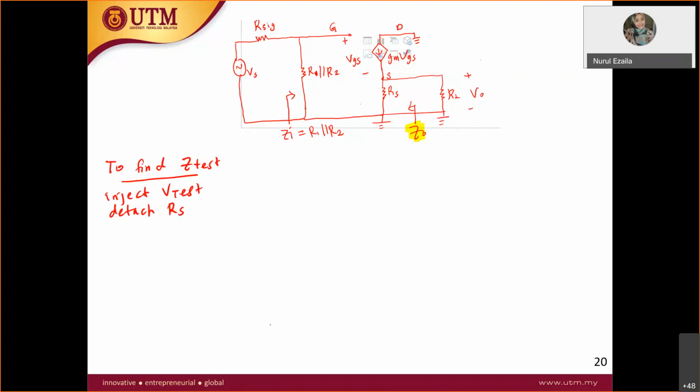So you have here gm VGS. We detach RE, and we inject V test over here, and this is your I test.